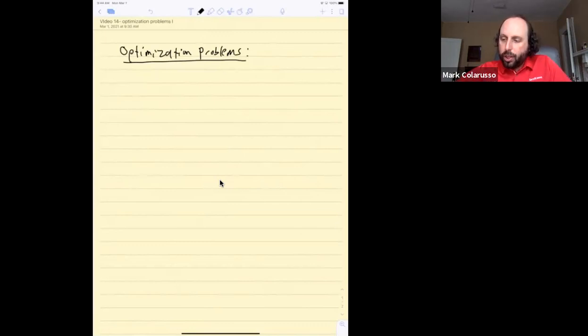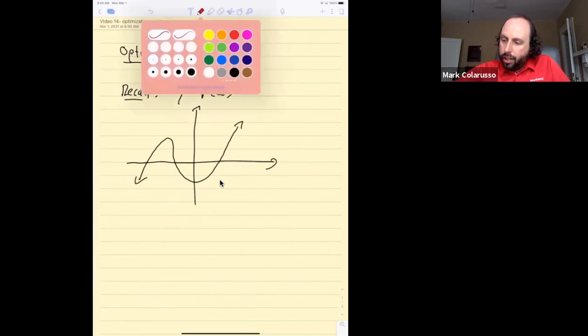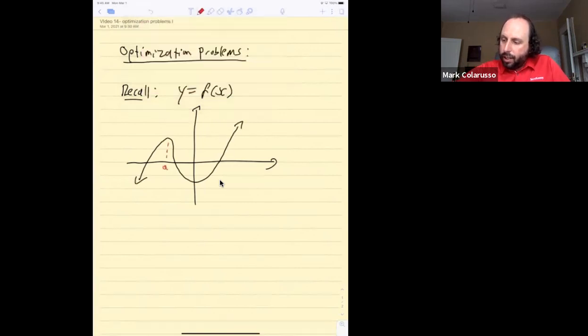So, just to recall a bit, hopefully you practiced this for the test, so it shouldn't be too unfamiliar. It wasn't too long ago. So if we had some kind of function, I'm just drawing an example of a curve like that, we learned techniques to find points here, A and B, where the function reached a maximum and the function reached a minimum using calculus.